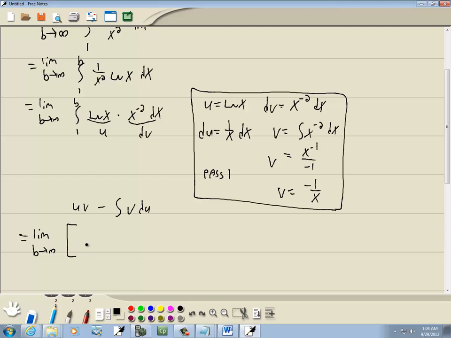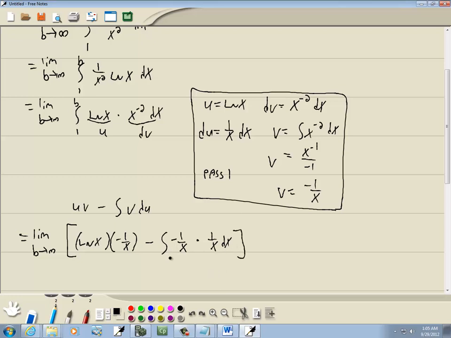What was u? u was natural log of x times v, which was negative 1 over x, and then minus the integral of v, which is negative 1 over x, du, and du was 1 over x dx.